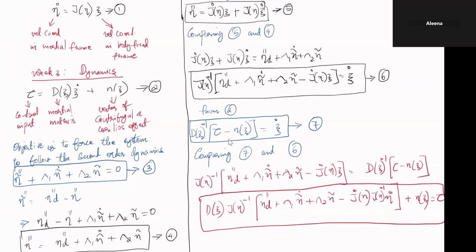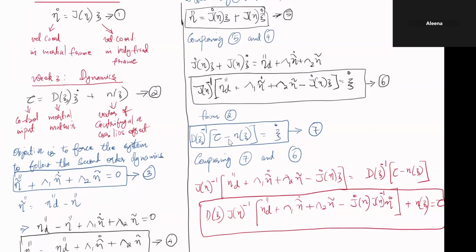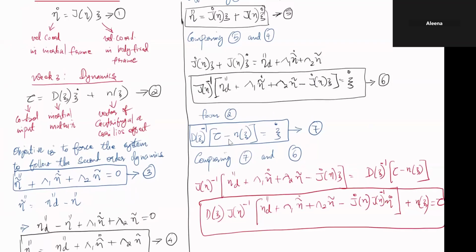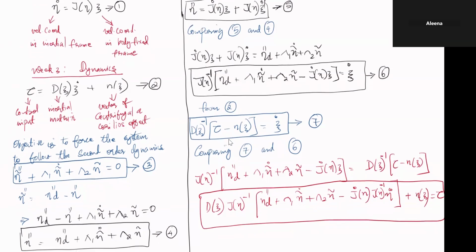So if you supply this control law into the robotic system, we are trying to force the robotic system to follow this second order error dynamics, right? So if the system follows the second order error dynamics, the asymptotic stability can be assured. Asymptotic stability of the system can be assured, which essentially means as time tends to infinity, the errors in position and errors in velocity would asymptotically tend to 0.